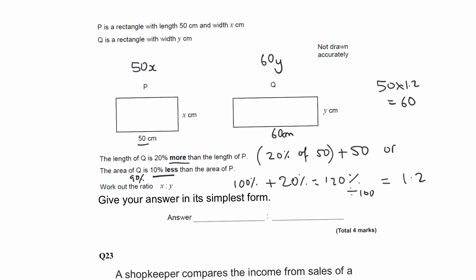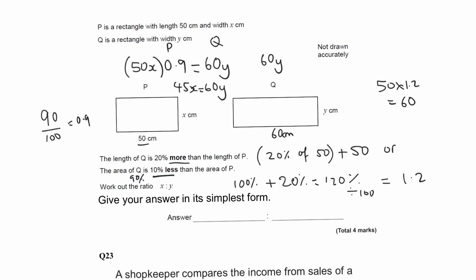So Q is equal to 90% of P, and 90% as a decimal, if you divide by 100, is 0.9. So this 50x, if you times it by 0.9, should be equal to 60y, which is the area of Q. 0.9 times 50 leaves you with 45. So that's 45x is equal to 60y.